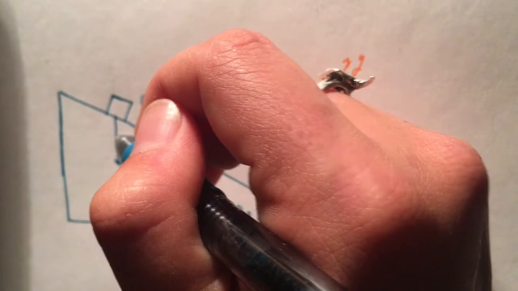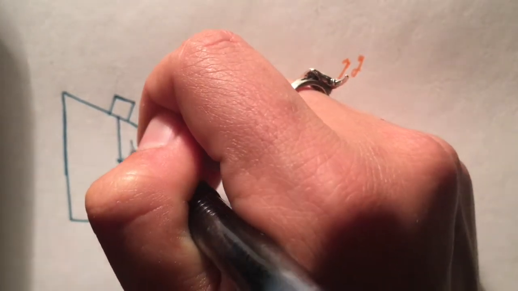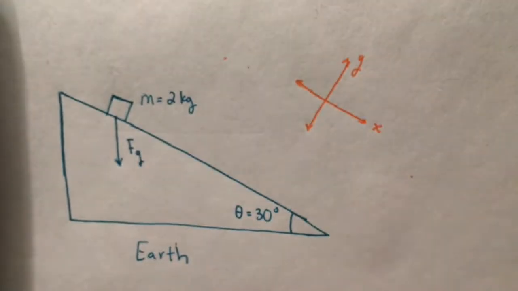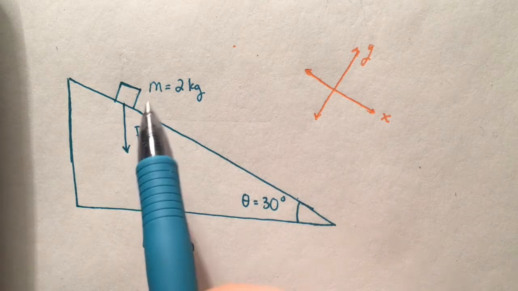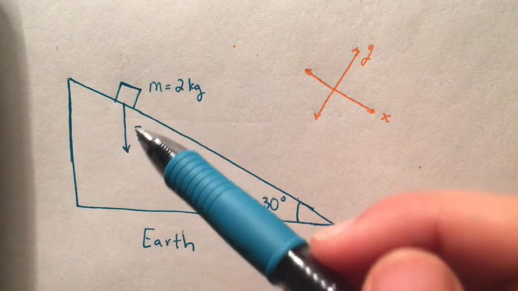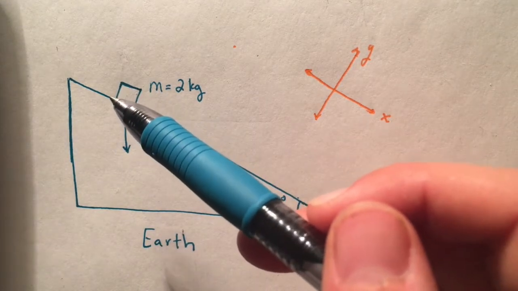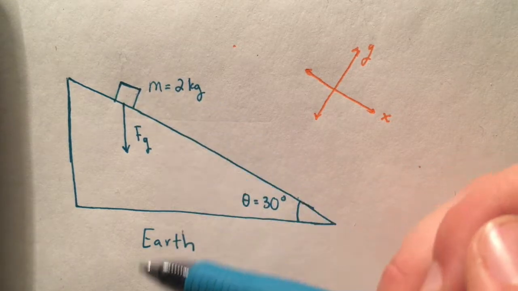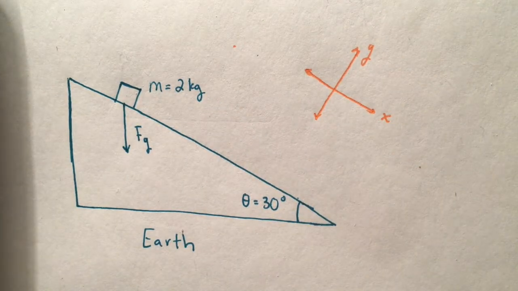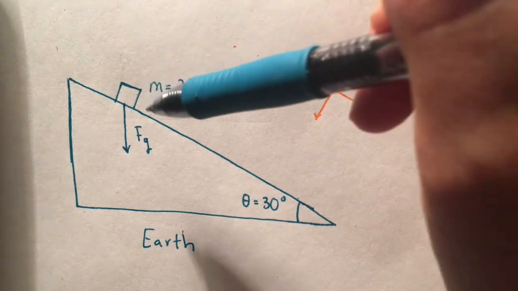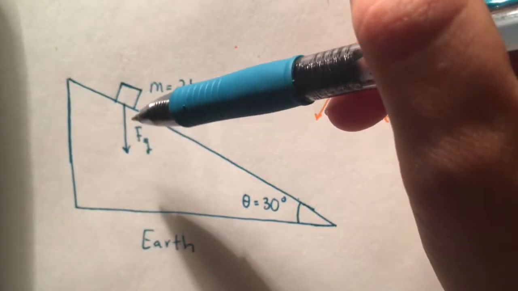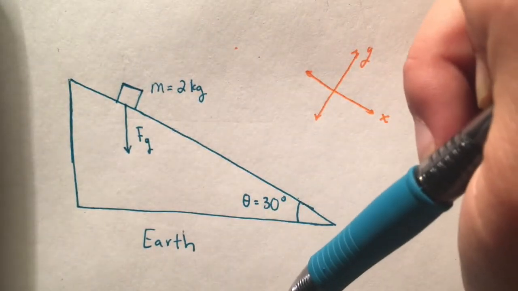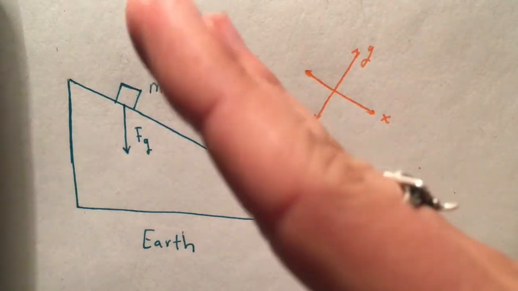We are going to give this arrow a name and call it F sub g for force of gravity. Now, this block is on a plane, and so it's partially pushing on the plane, which means that the plane is going to push back, and there's going to be a normal force. And if you remember, the normal force is always perpendicular to the surface. You're normally used to drawing the normal force upwards, or in the opposite direction to the force of gravity. However, our surface here is tilted, right?